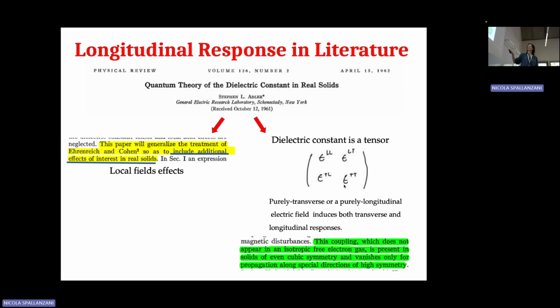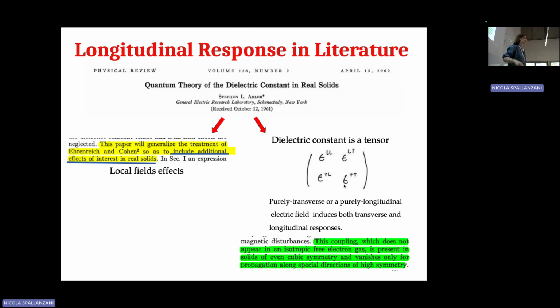While this interaction is present even for cubic symmetry and vanishes only for propagation along special directions of high symmetry.